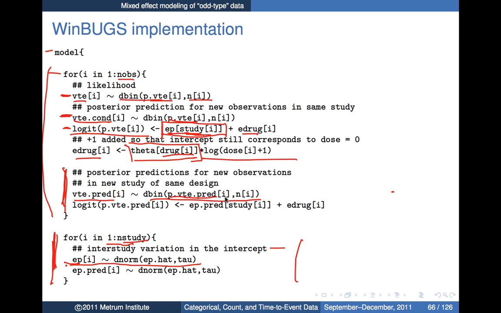So it's no longer conditioned on the observations for treatment arm I in this case. It's more of a general prediction of that probability, and it's generated from this EP pred value.